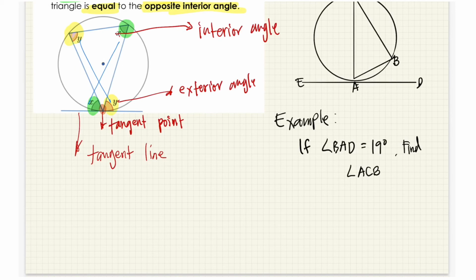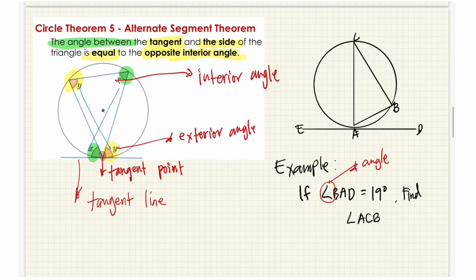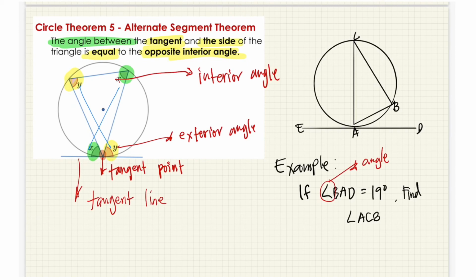Alright guys, remember this one here is read as angle. So if we're going to mark our example here, if we have BAD, you have B here.